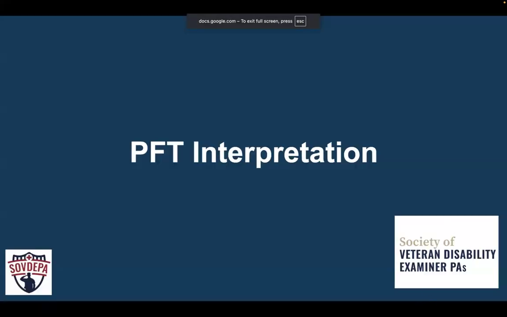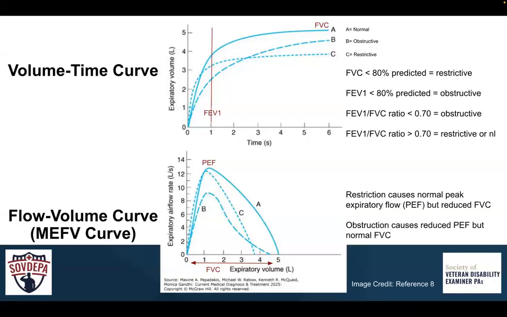All right, so this is where we're going to really get into interpreting pulmonary function tests so that you can feel confident making an accurate assessment of what the respiratory condition is based off of what you're seeing with the spirometry. So again, we have our volume time curve and our flow volume curve, okay?